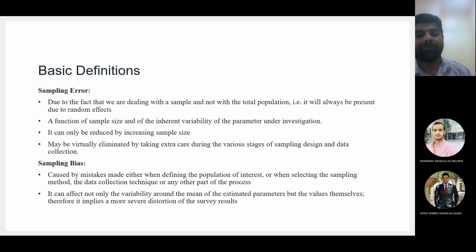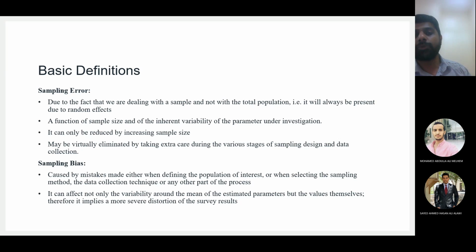Sampling bias will affect the variability of the parameter, because obviously if I ask you to collect the data for all the students and you only give me the students of postgraduate, then obviously you are playing with the variability. If you gave me the actual data for all the students in the department, the variability would be more.